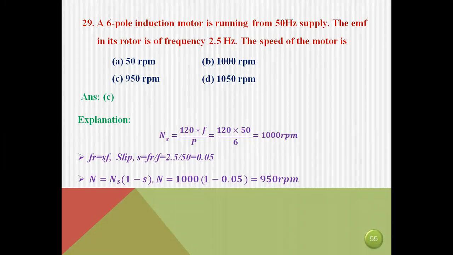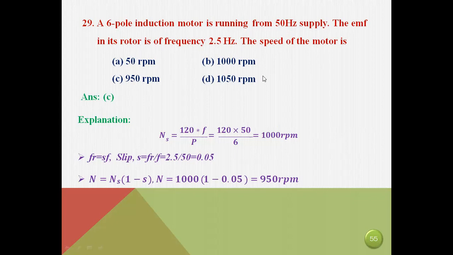The EMF in its rotor is of frequency, they are giving here, 2.5 Hertz. So that will be the rotor frequency. This frequency is the frequency of the induction motor F, and this is Fr, because they have given the EMF in its rotor is of frequency. So Fr is 2.5 Hertz.